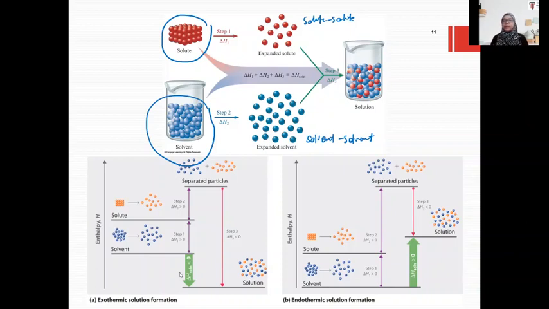That means heat is released from this process. For the endothermic solution formation, the delta H is much less favorable than the sum of delta H2 and delta H1. The type of heat effect depends on the nature of the solute, whether exothermic or endothermic.